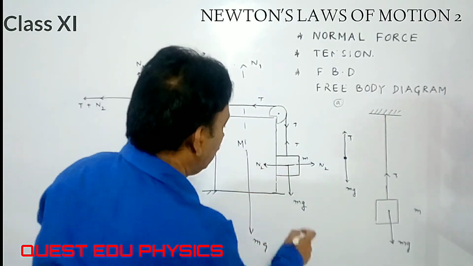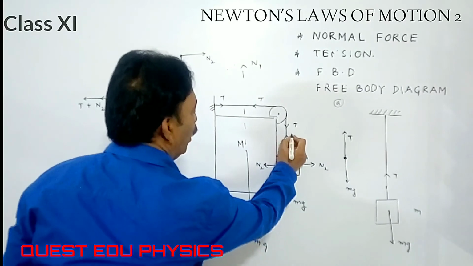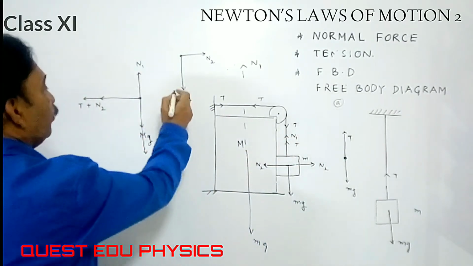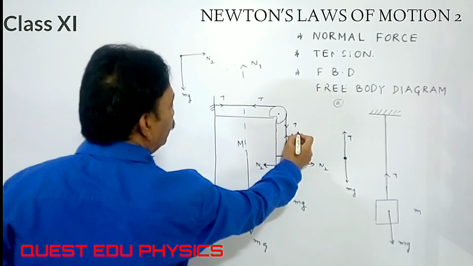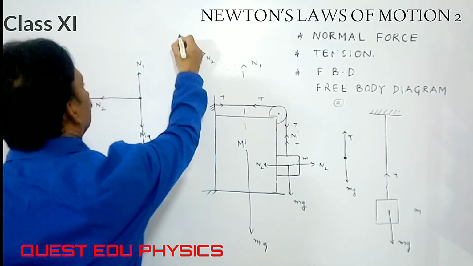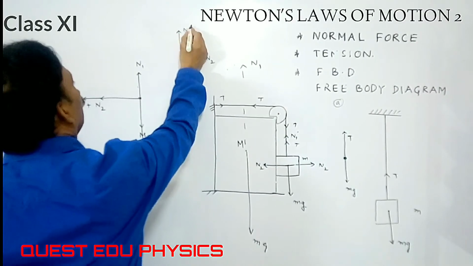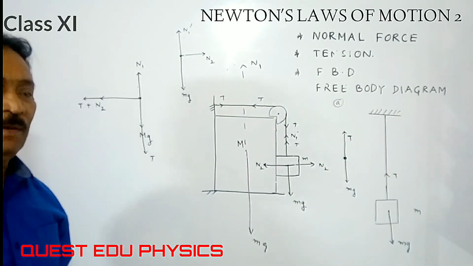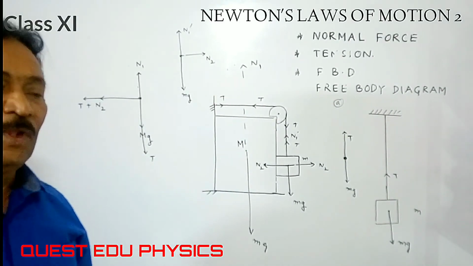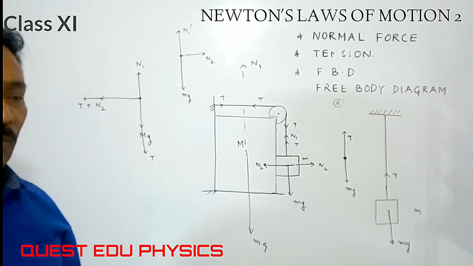Here this weight is acting down, and we have to show the normal reaction N1. You can call it N1 dash. This is the free body diagram. Understanding, students? In this way, you can draw the free body diagram of any body.